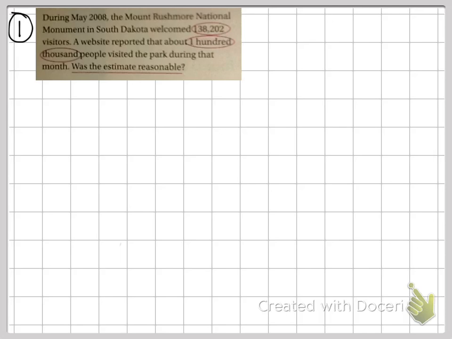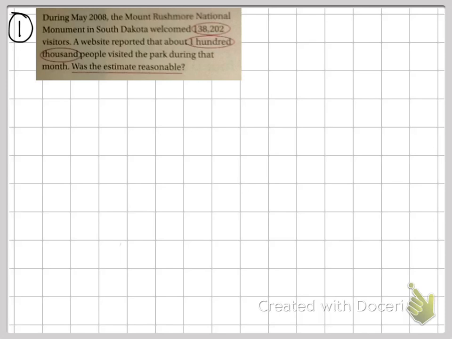Was the estimate reasonable? Okay, so many clue words and important information in this problem. We know that the exact number of visitors was 138,202, and the word about tells us that the website reported that there was about 100,000 people. So we need to check their rounding skills to make sure we agree with their estimate.